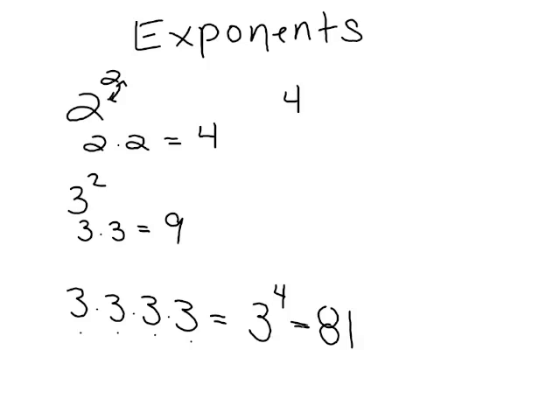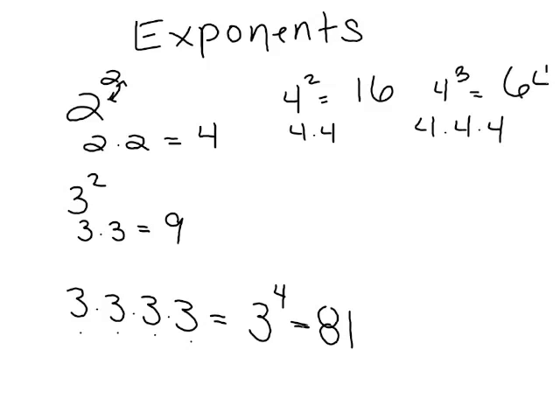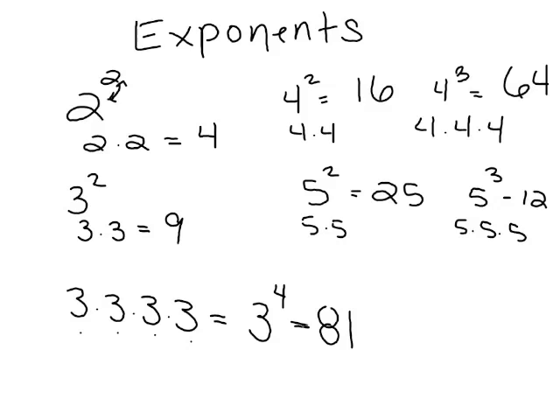So if I ask you what 4 squared is, remember that means 4 times 4 equals 16. 4 cubed, 4 times 4 times 4 is equal to 64. 5 squared, so 5 times 5 equals 25. 5 cubed, 5 times 5 times 5, 125.